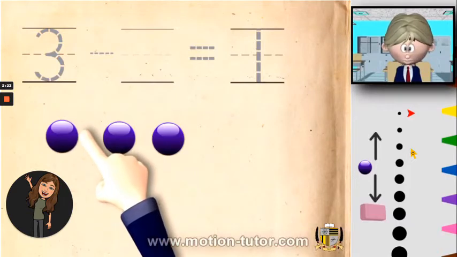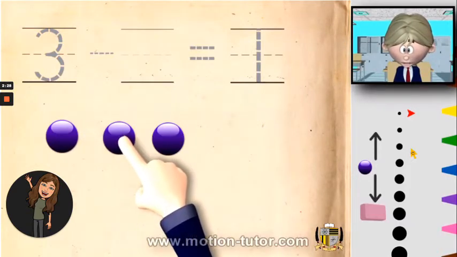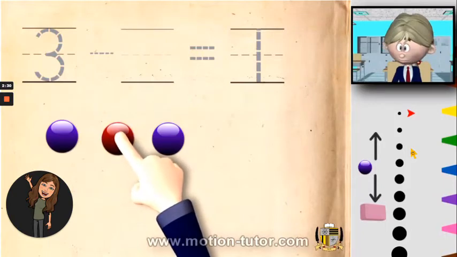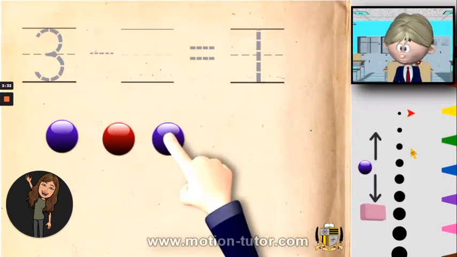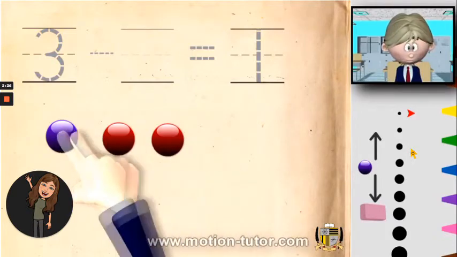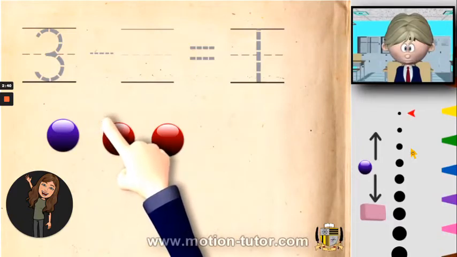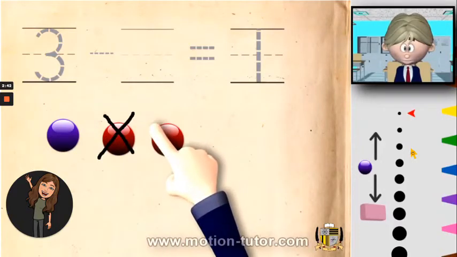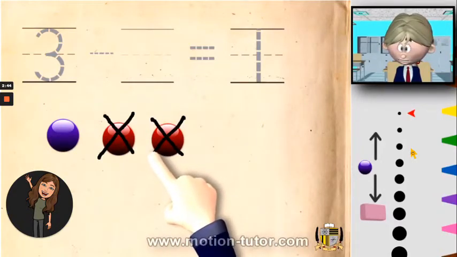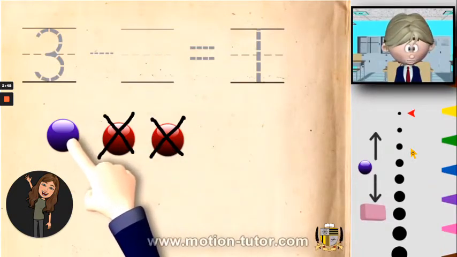So let's think about this. To have 1 left over, these 2 have to be gone. So these 2 have to be taken away so we can have this 1 left over.